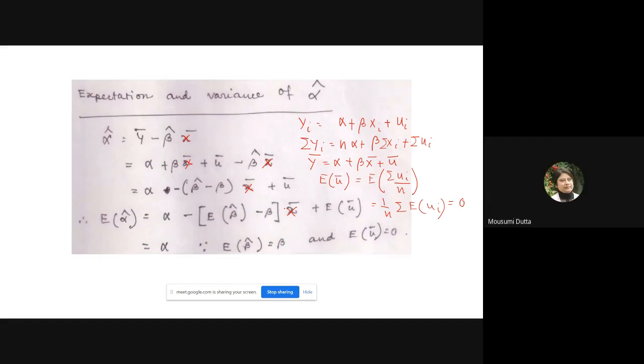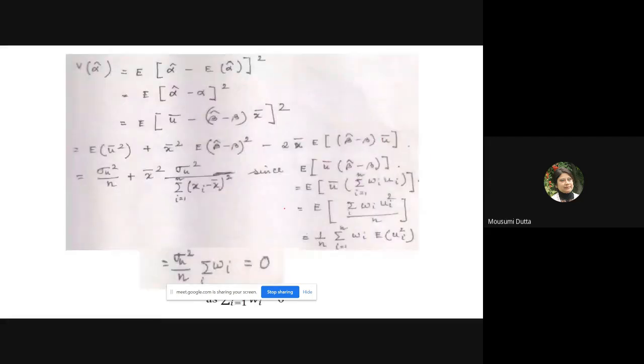Okay, so this is all about the first property: expectation of alpha hat is equal to alpha. Second, first we need to calculate the variance of alpha hat. After that, we will consider another unbiased estimator of alpha and we will compare the variances of the two.